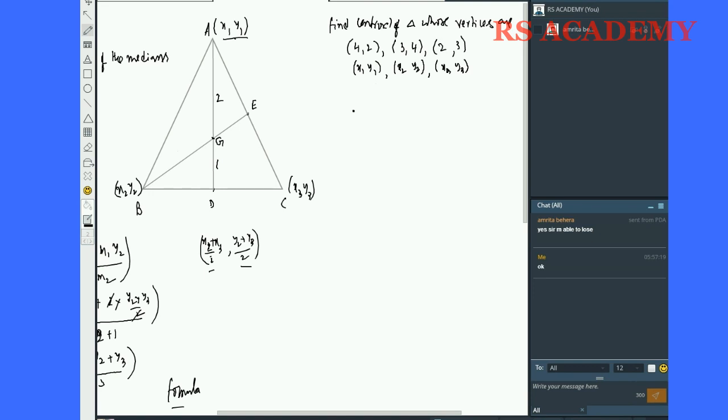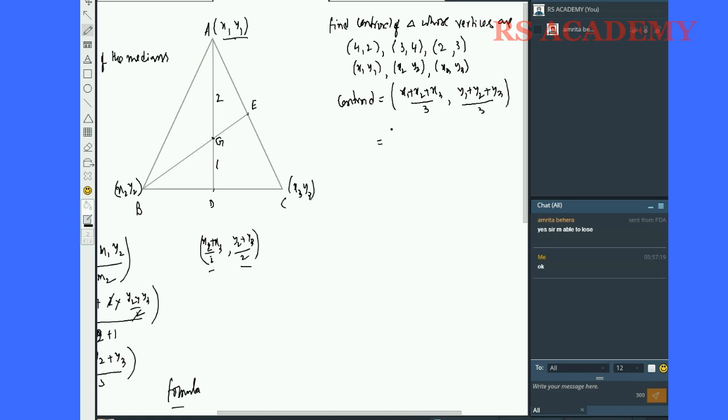It will be easy if you write x1, y1 like this. Now the centroid is equal to, first write the formula: x1 plus x2 plus x3 by 3 and y1 plus y2 plus y3 by 3.